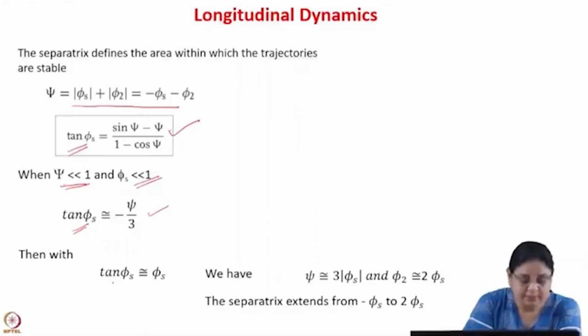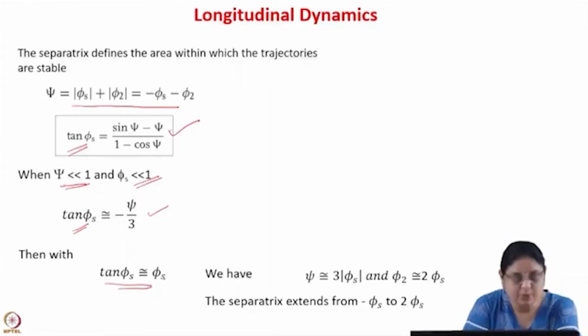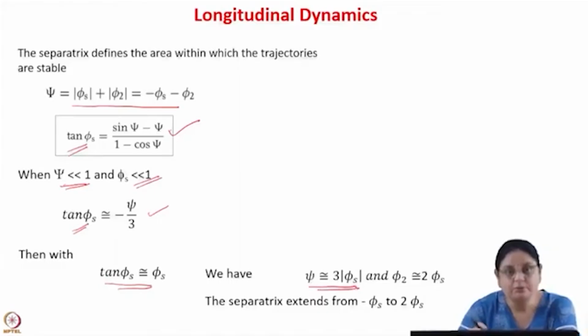It can be further simplified: if tan phi s is approximately equal to phi s, it can be written as psi equal to 3 phi s. So for small values of psi and phi s, the separatrix width is simply 3 times modulus of phi s.